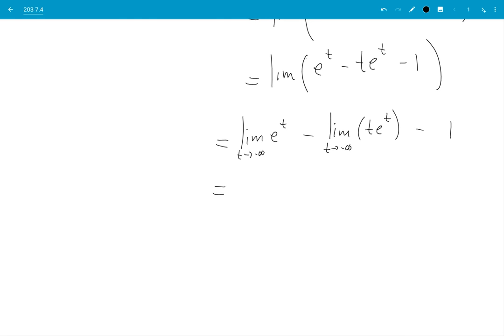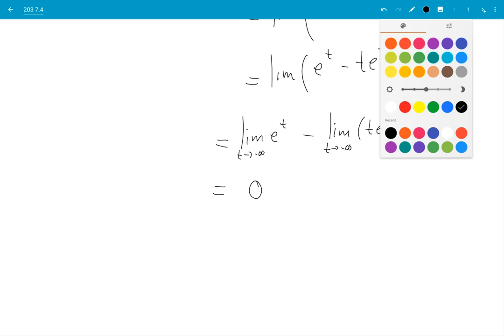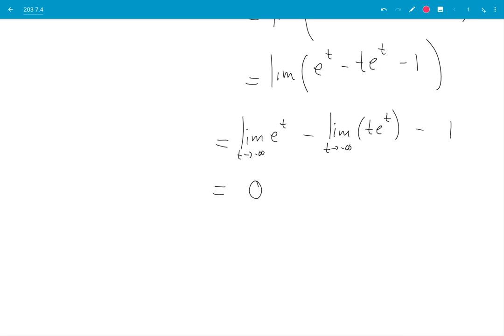So e to the t is going to 0. This one is actually tricky, because it's of the form minus infinity times 0. And that is, in fact, an indeterminate form.